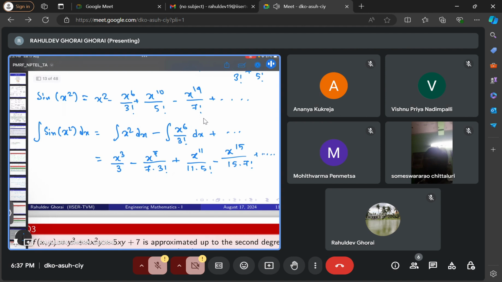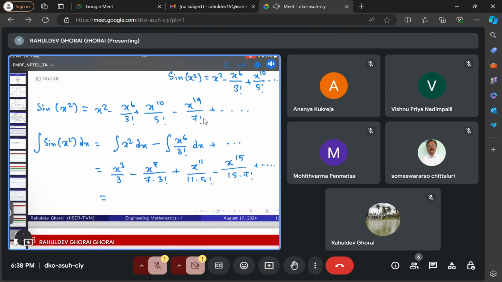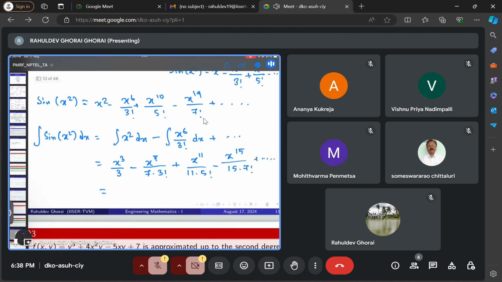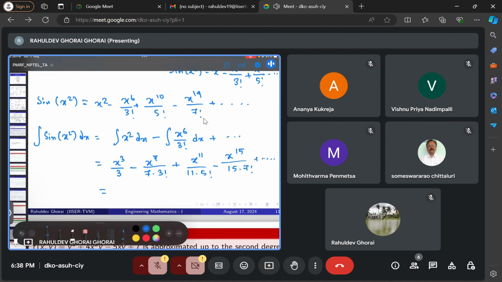So what will be your integration of sine x square? Sorry, something is missing, I think. No, it's fine, right? So you can write it as this series: x cubed by 3 minus x to the 7 by 7, like that.